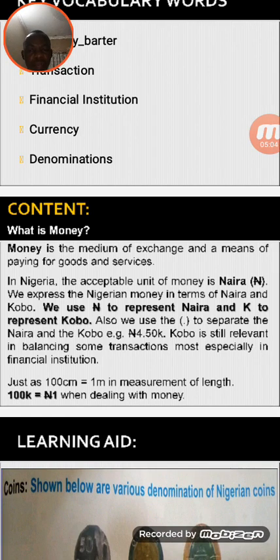What is money? Money is the medium of exchange and a means of paying for goods and services.